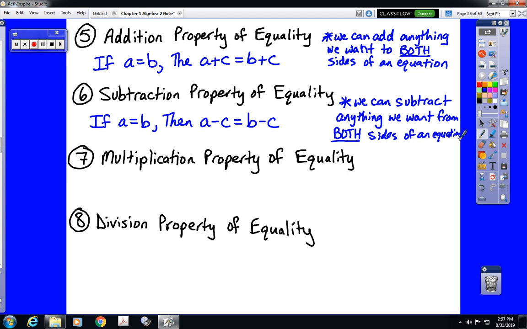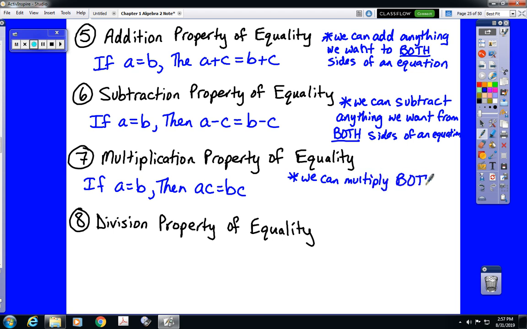Okay? Same thing applies to multiplication. If A equals B, then A times C equals B times C. We can multiply both sides of any equation.